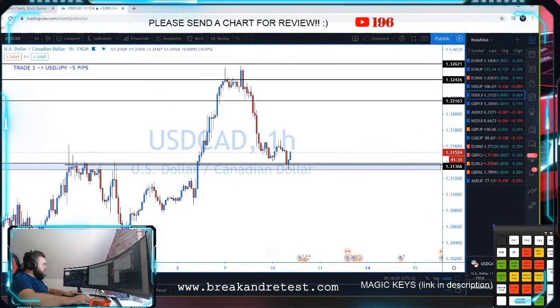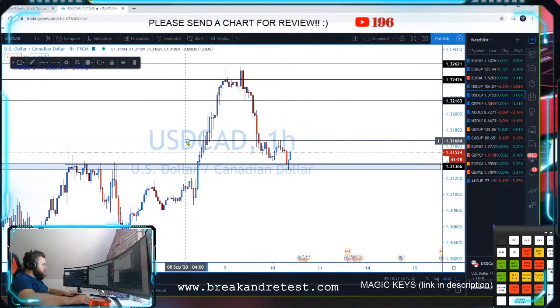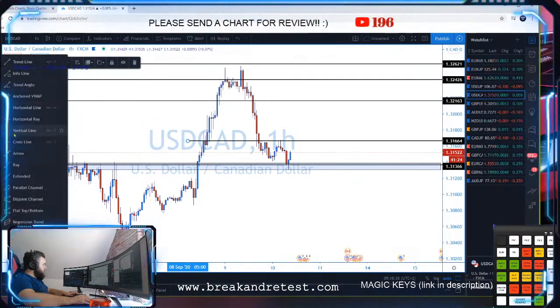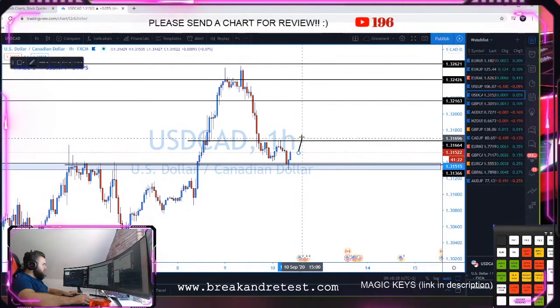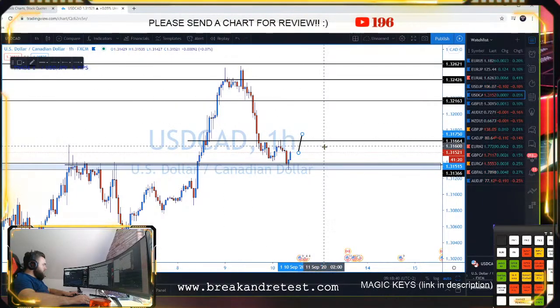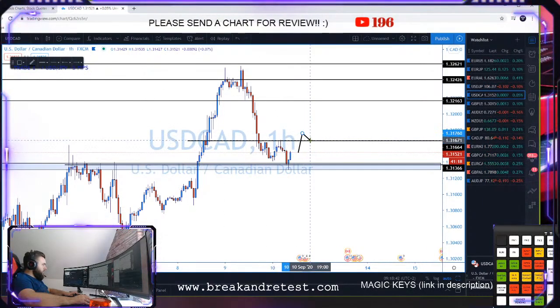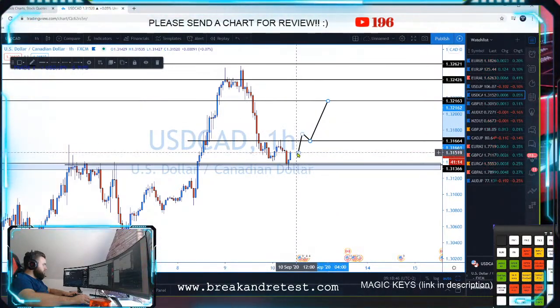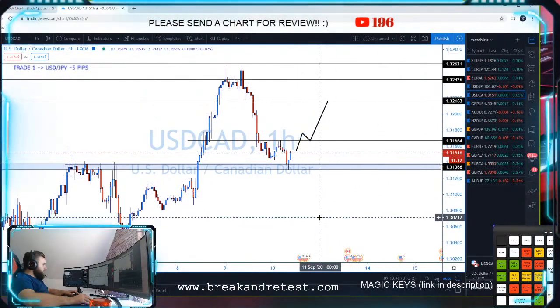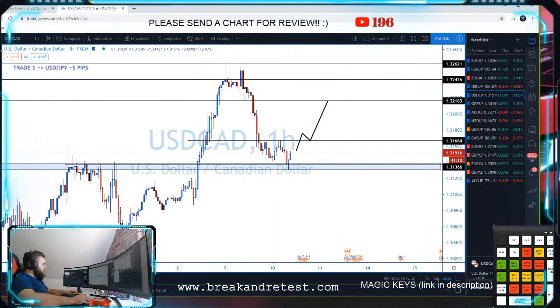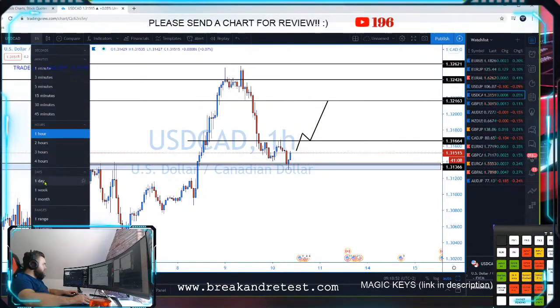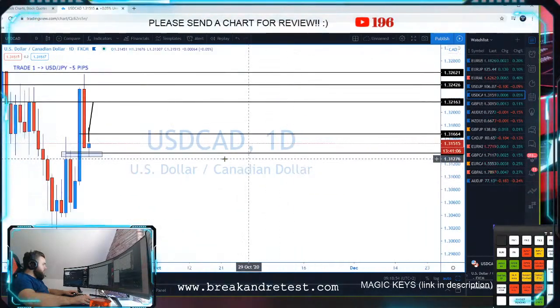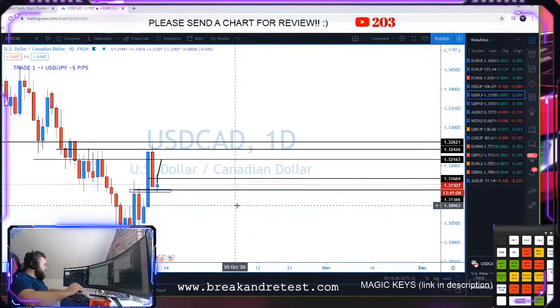So what I would do here is maybe I'll wait for price to push and break this small minor zone here, and we could enter on the retest. It didn't make sense to come all the way down and break this support, so I think we could have some continuation on the daily.